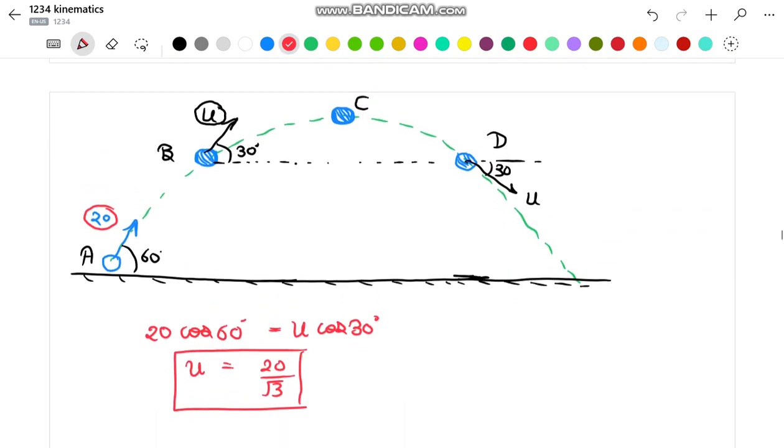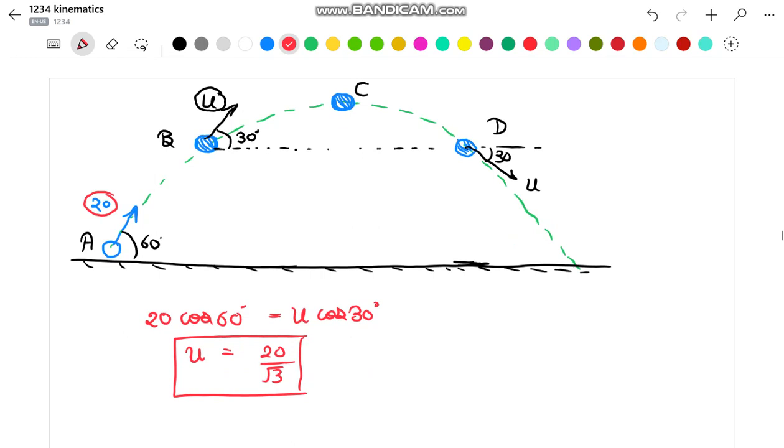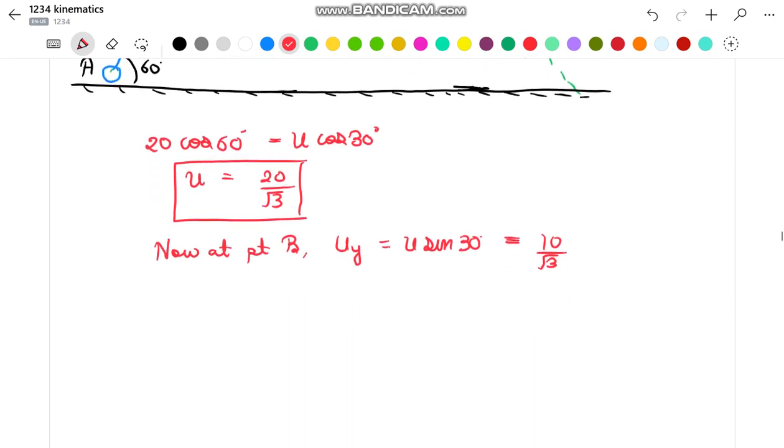Now with the help of this value, we can find the vertical component of velocity at point B. So now at point B, its vertical component will be equal to u sine 30 degree, that is 10 by root 3. Let us now shift our focus from point B to C in y direction.